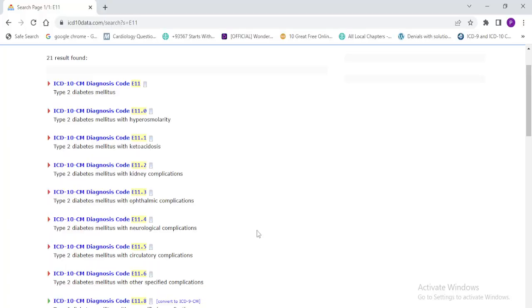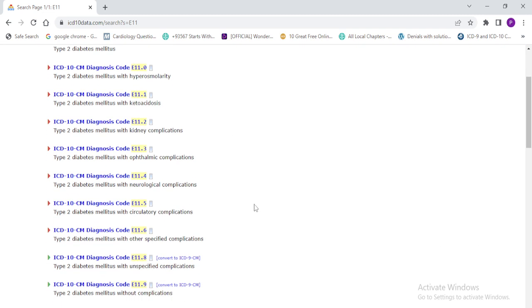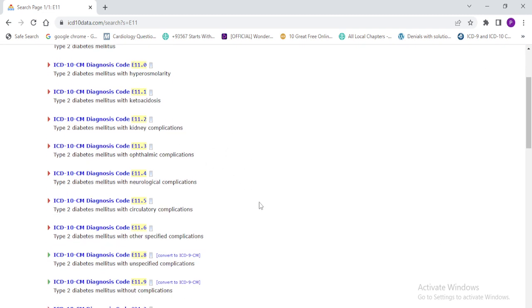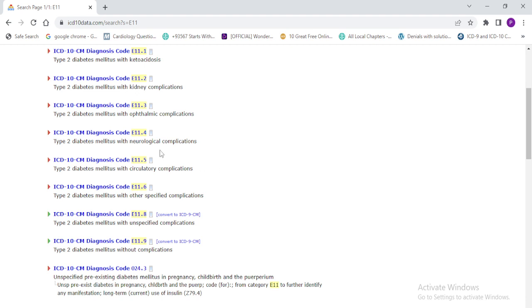If we check in the code book, as usual, 0 is for hyperosmolality, 1 is for ketoacidosis, 2 is for kidney complications, 3 is for ophthalmic complications, 4 is for neurologic complications, 5 is for circulatory complications, 6 is for other specified complications, 8 is for unspecified, 9 is for without complications.